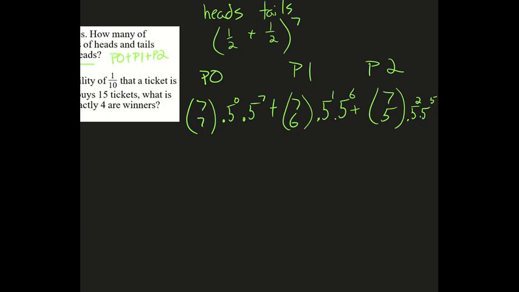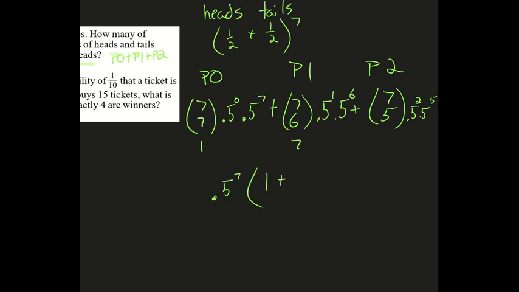So 7c7 is 1, 7c6 is 7, and then 7c5, I don't know what it is off the top of my head. But because we have like bases when we're multiplying these, we add the exponents. So all 3 of these terms are going to have a 0.5 to the 7th. So I want to factor that out.